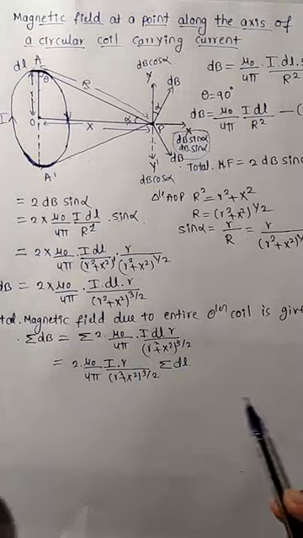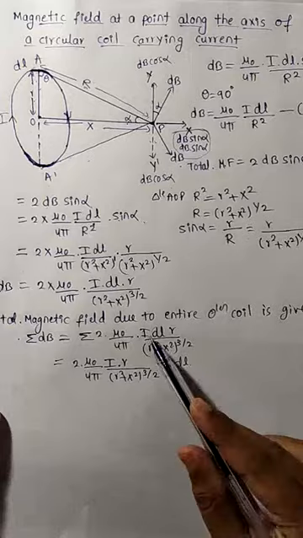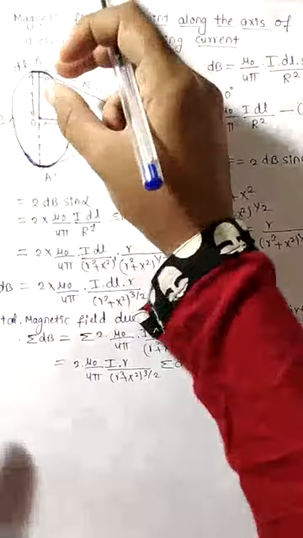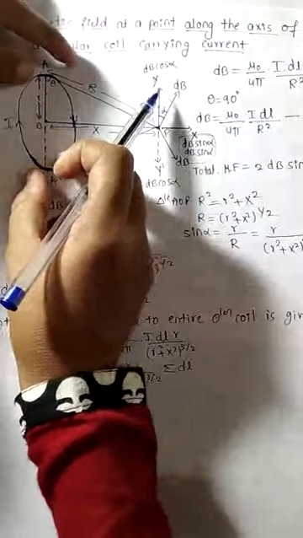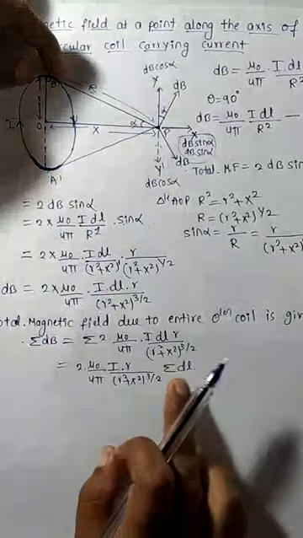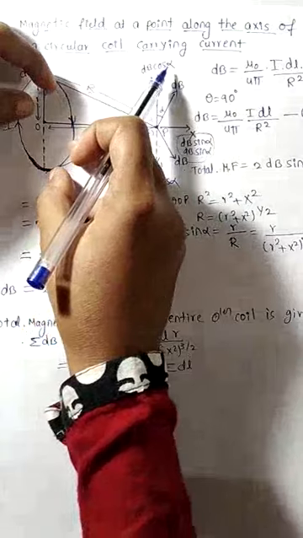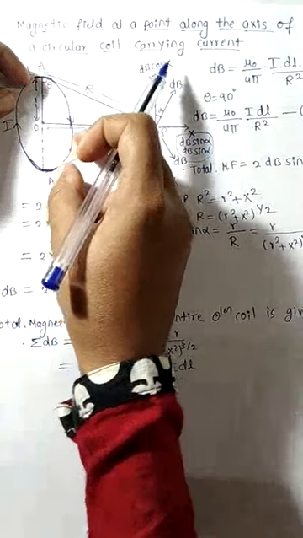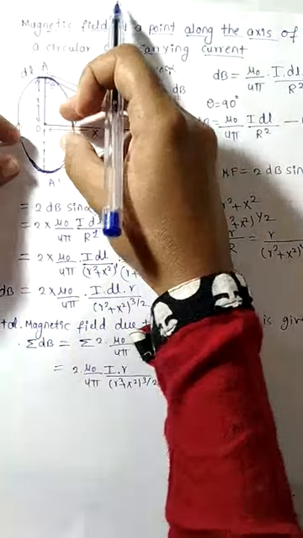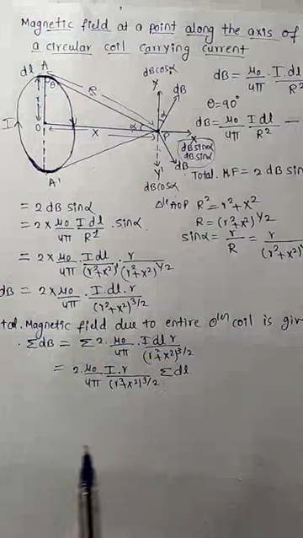If you see, this summation of dl is nothing but here the small length of these two current elements is equal to dl. Now like this, if you go on adding opposite, this dl will again be opposing this dl, opposing dl. So like that you will go on adding these things. So what we will get?